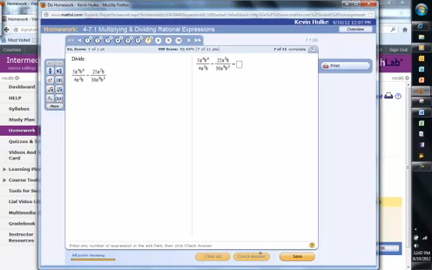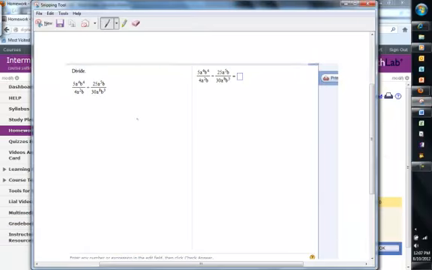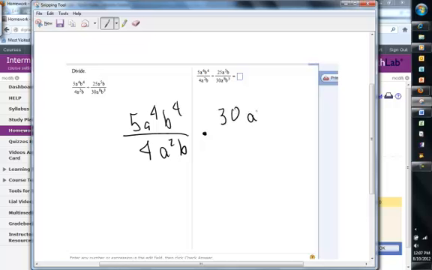Number 7. Let's rewrite the problem first. 5a to the 4th b to the 4th over 4a squared b times, I'm going to take the reciprocal right away, a to the 8th b cubed over 25 a to the 5th b.